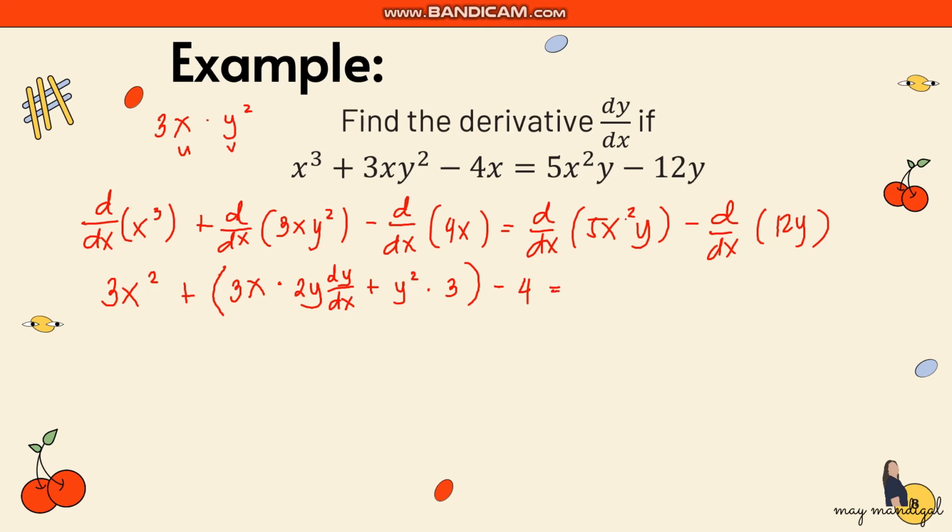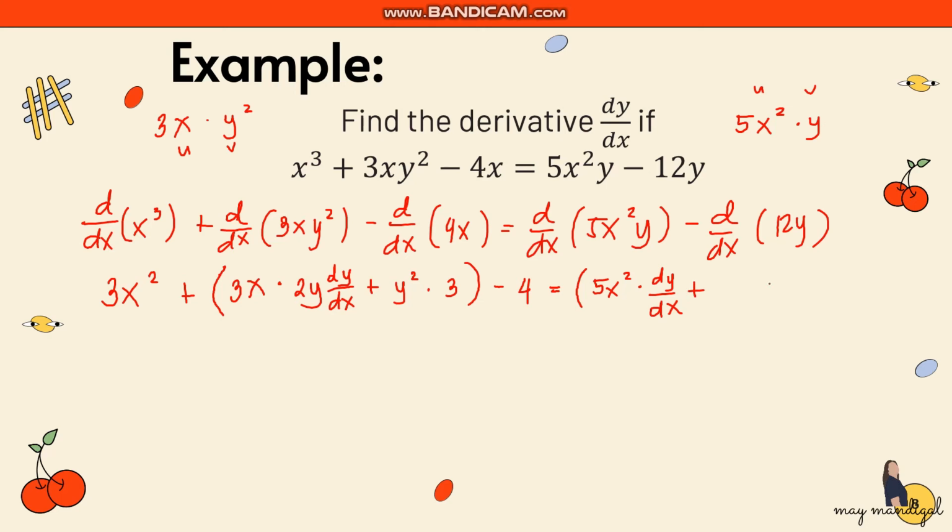And then here, we will be doing the same thing. So we have 5x squared times y. So think of it as 5x squared multiplied to y. So there are again two terms being multiplied here. So let's apply again the product rule. This will be our u, this is the v. So u dv: the derivative of y is 1, but we still have to attach the dy over dx, so that is just dy over dx.